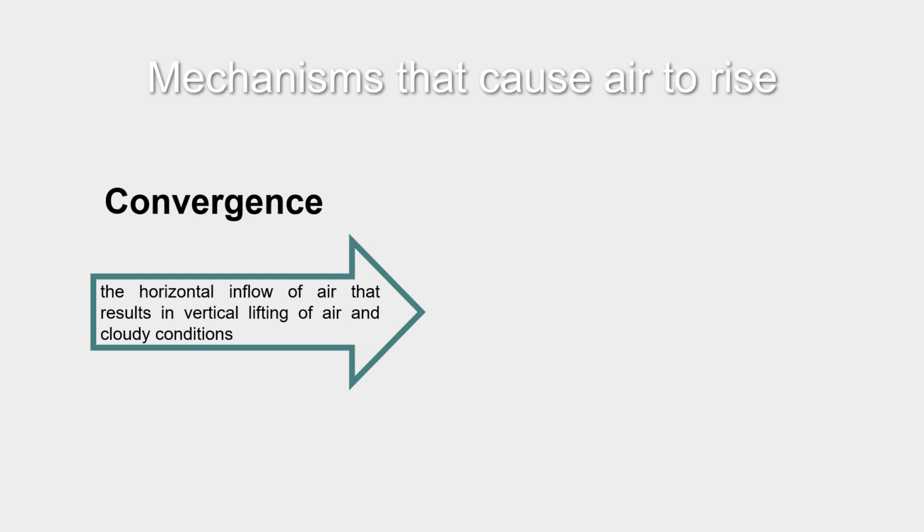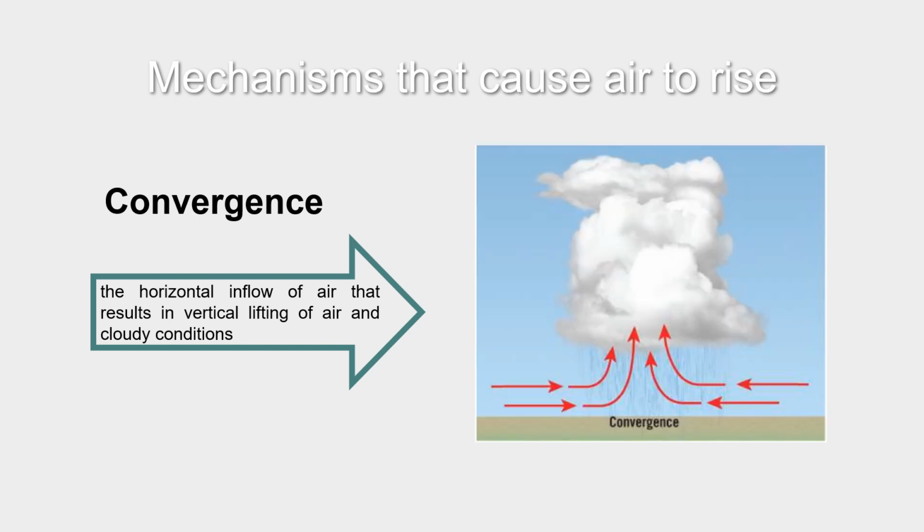This is the horizontal flow of air that results in vertical lifting of air and cloudy conditions. It's illustrated in here, the convergence. There is vertical lifting because with this horizontal flow of air, there is more entering, and then it converges at some point, and then it lifts up.